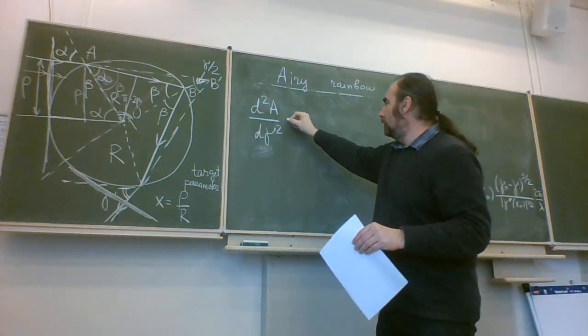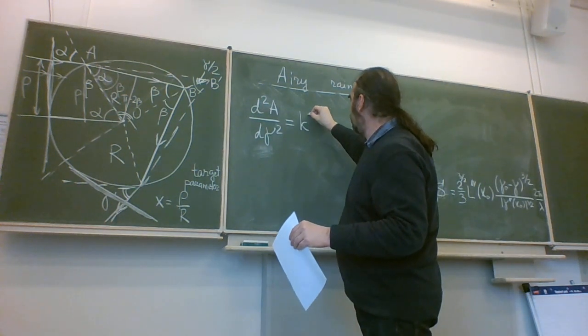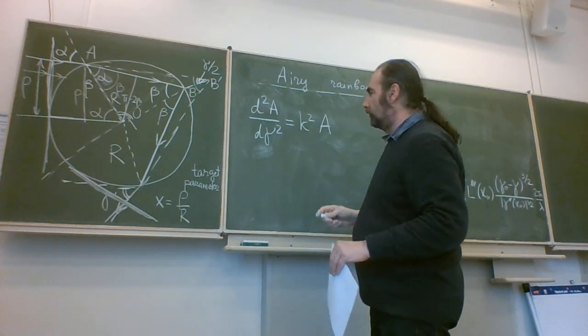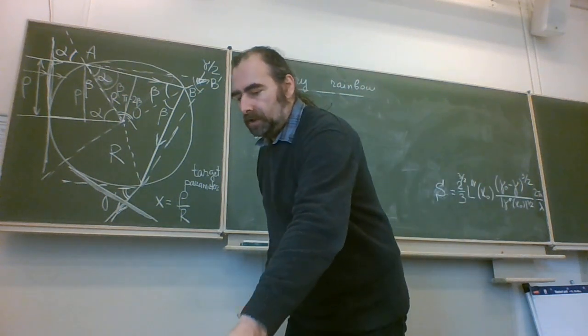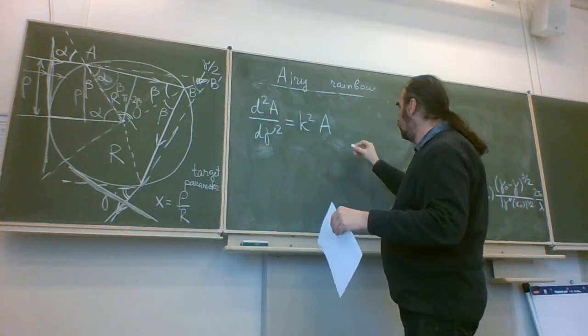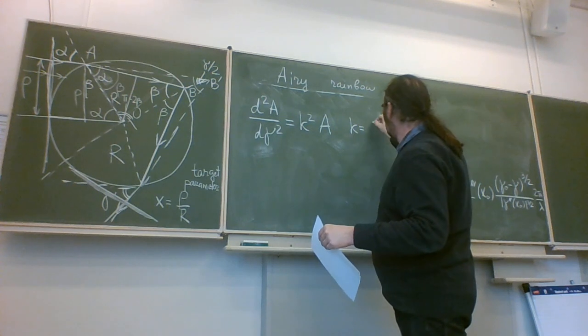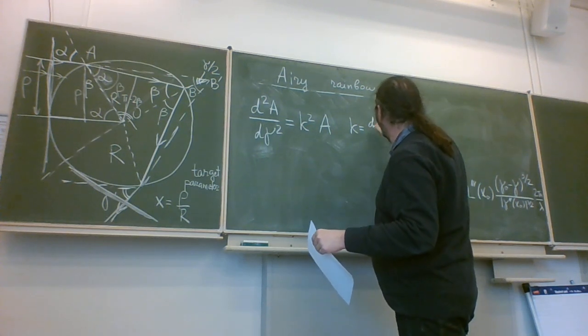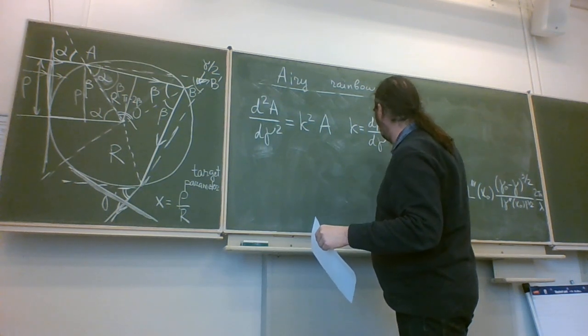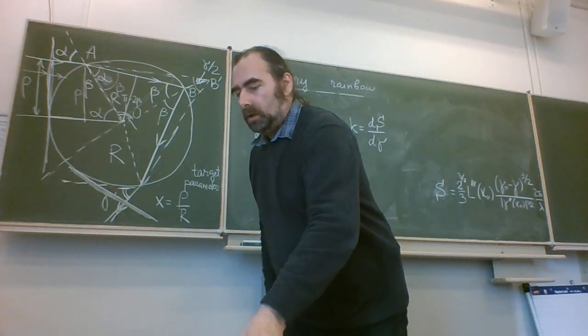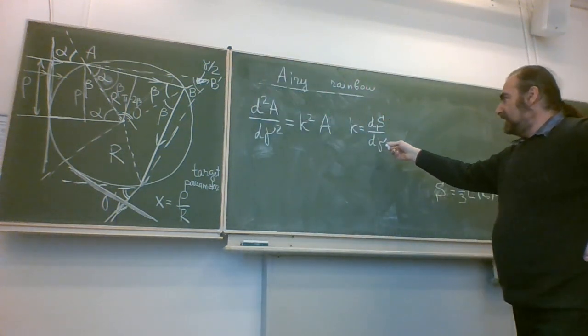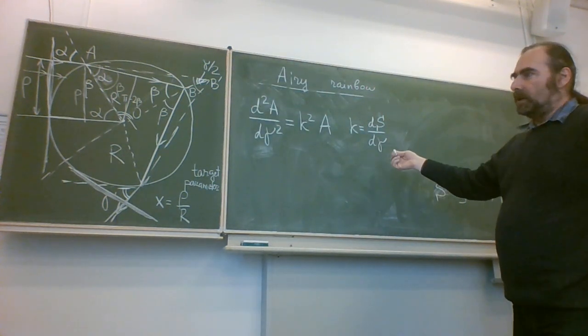For the amplitude, the second derivative is just minus k squared times A, and k is just dS over d gamma. Now, if you look at it, it's exactly the same as the Schrödinger equation.